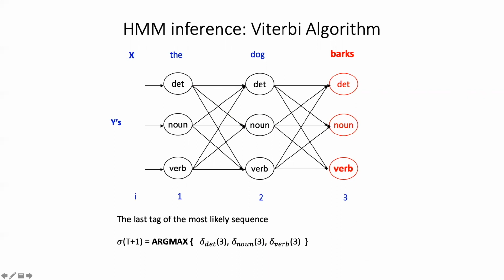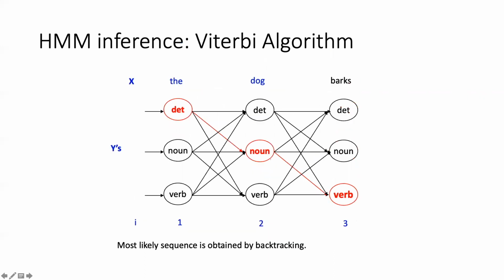After obtaining this, we try to find the previous best path, and going further backward, we can decode the whole state sequence. So this is the inference algorithm in Viterbi. This is similar to the dynamic programming you might already be familiar with.